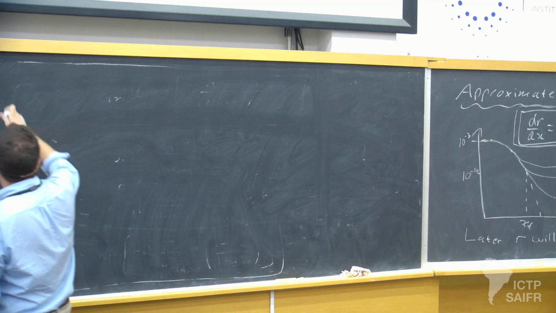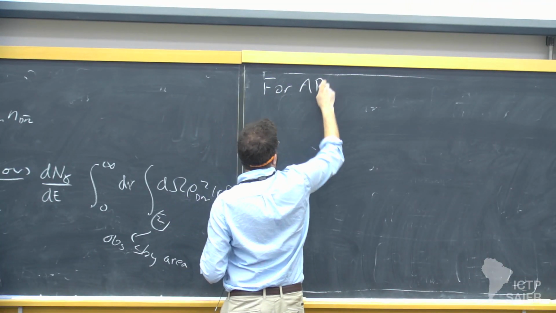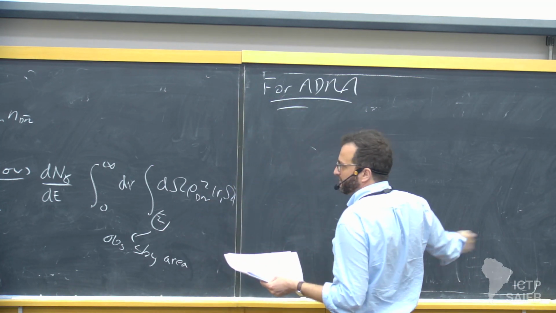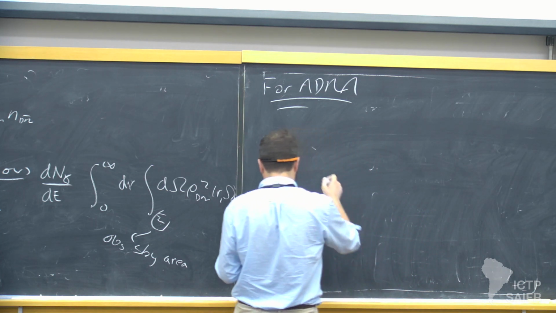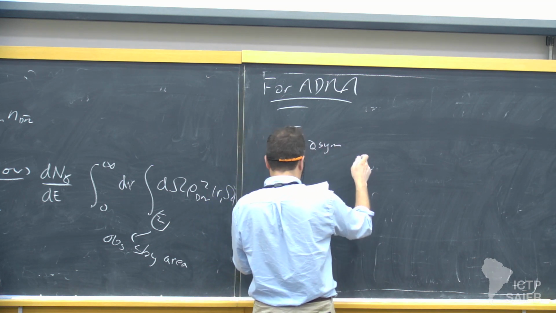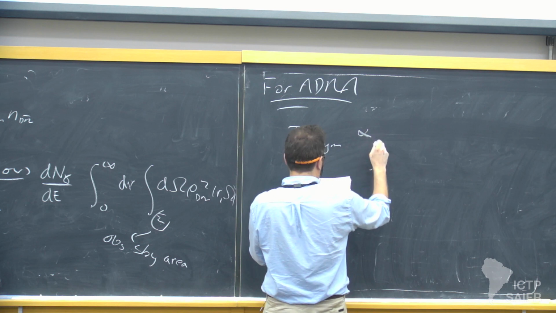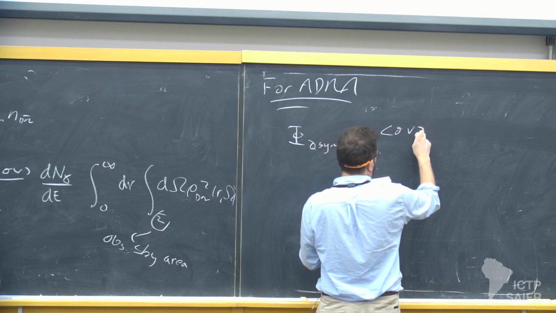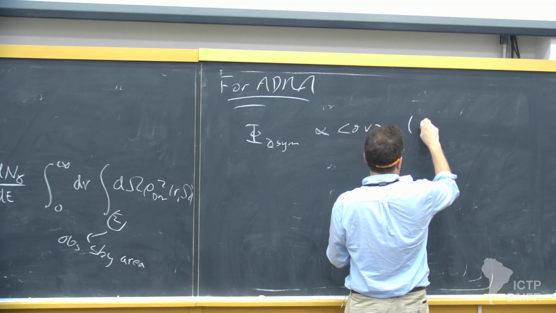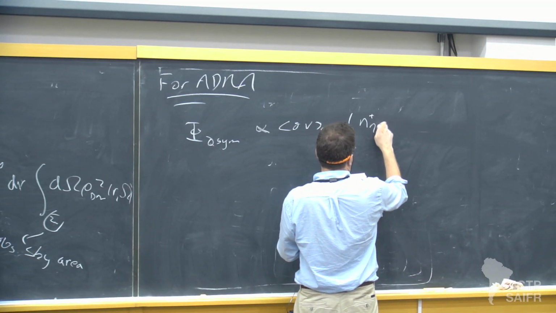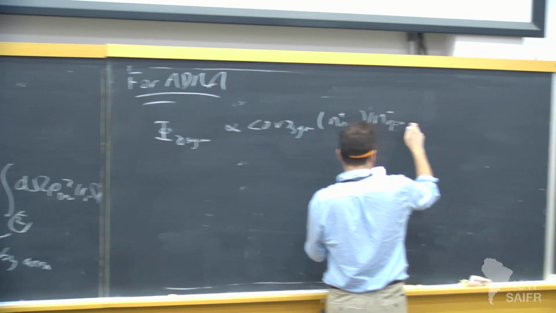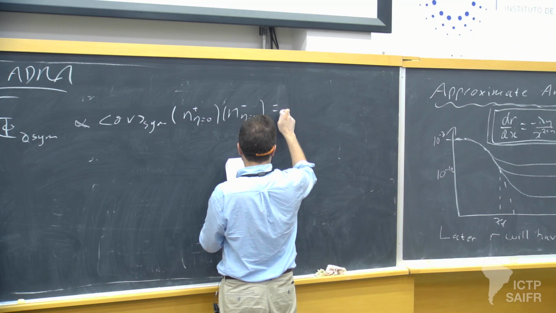Now for asymmetric dark matter, the flux is going to be suppressed, just because we don't have as many dark matter antiparticles around to annihilate today. So phi gamma symmetric is proportional to sigma v for symmetric dark matter times n plus, the symmetric dark matter number density.